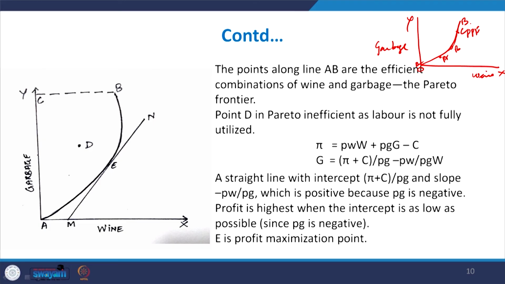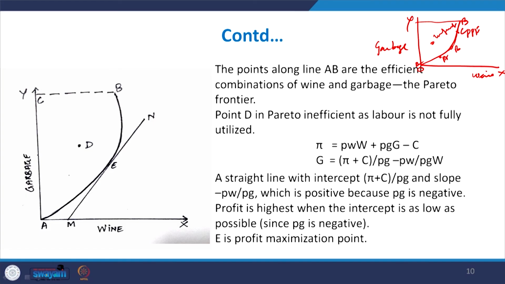Allocative efficiency will be achieved only when we know the price of garbage, that is the negative price, and the price of wine. Any point in the interior of the production possibility frontier is called inefficient or Pareto inefficient, like this.